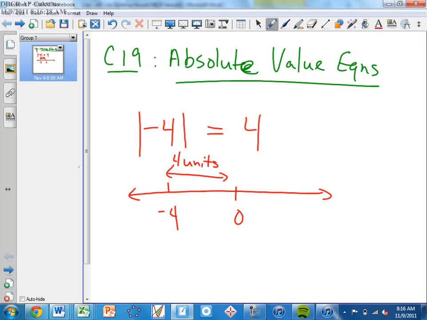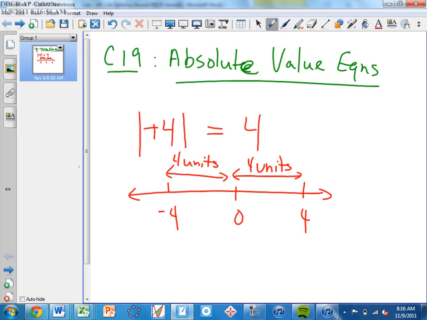Now, if I have a positive number inside, it's the same thing. If you have +4, what's the distance? It's still 4 units. The absolute value of +4 is still +4, because from 0 to 4, it's also 4 units. So, let's make a quick statement.